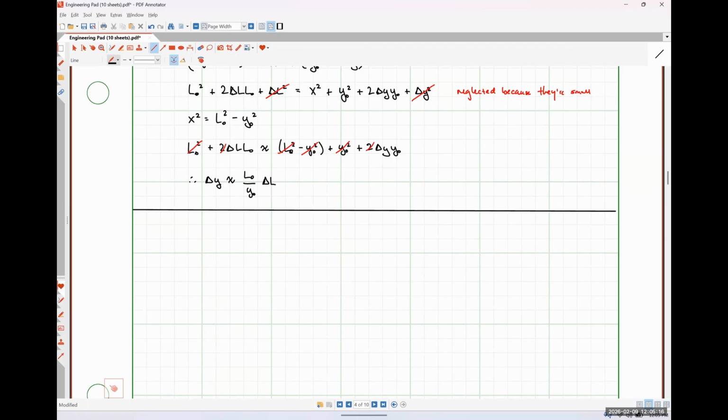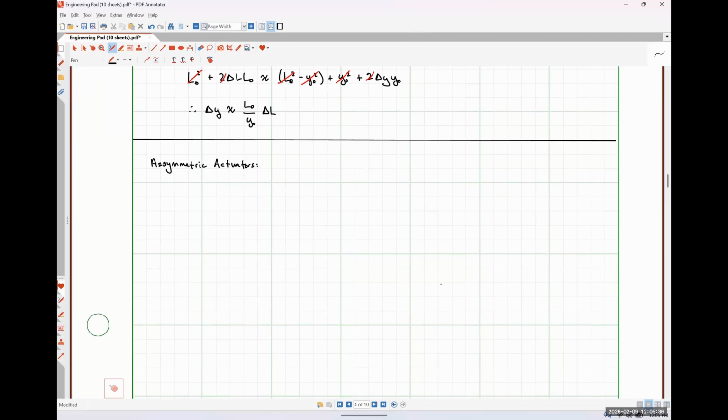So we can also use asymmetric actuators. Our first structure might look something like this.